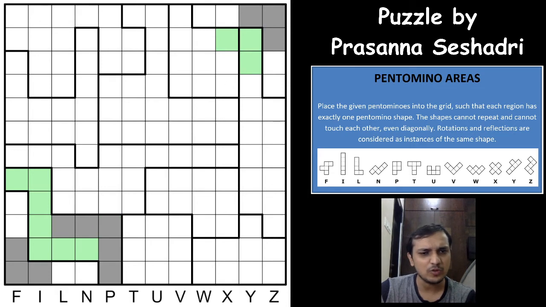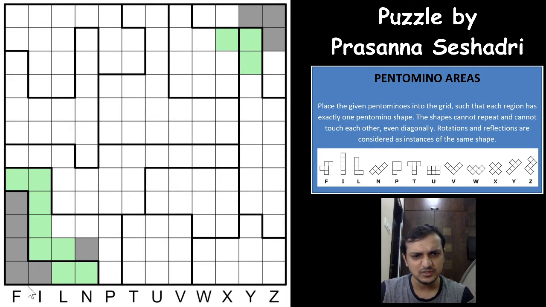Which means that it is not possible, because we know that V has to be formed in one of these 2 regions, which means that this cell will have to be a shaded cell, and both of these can be unshaded because of the touching rule, which means that this is the L and now this is the V, right?